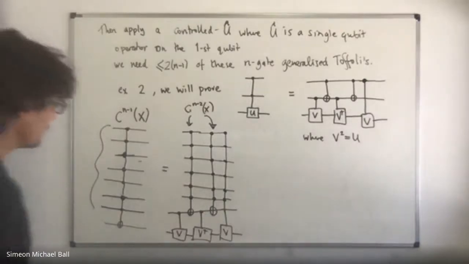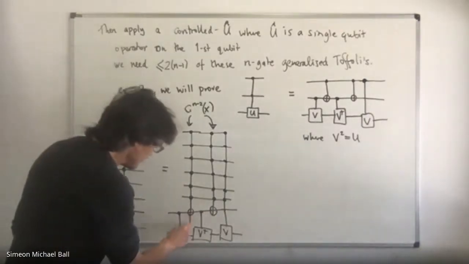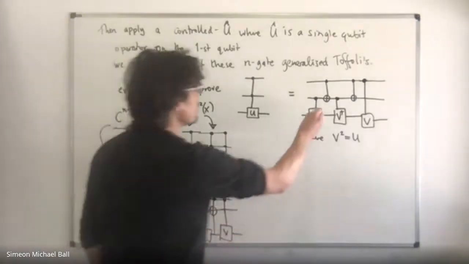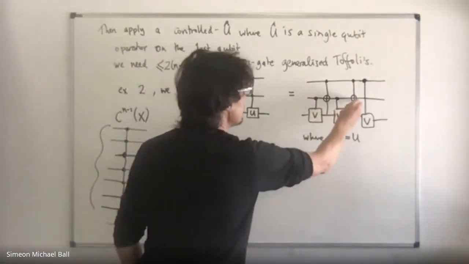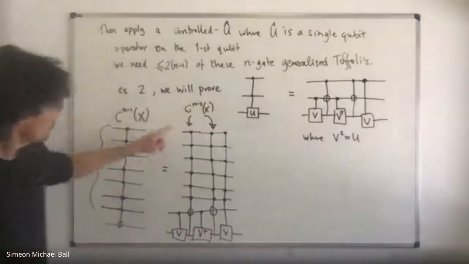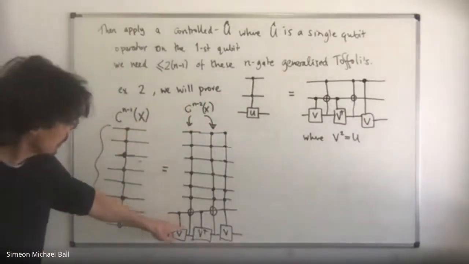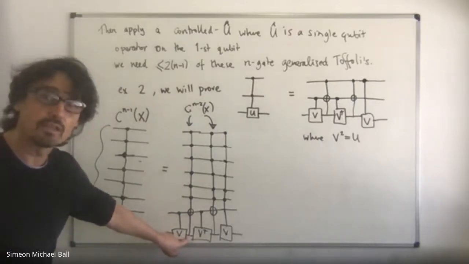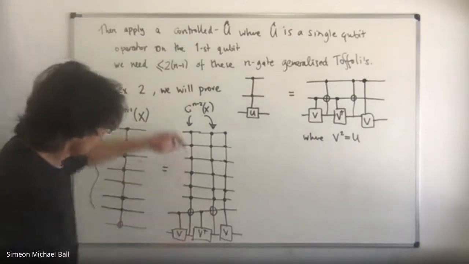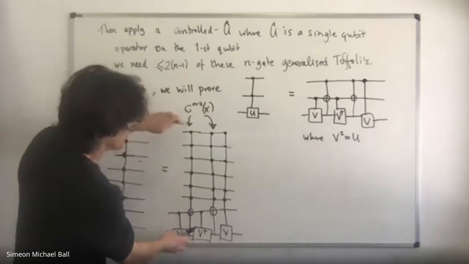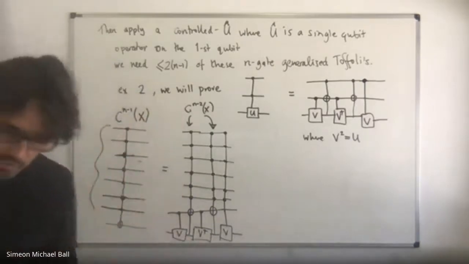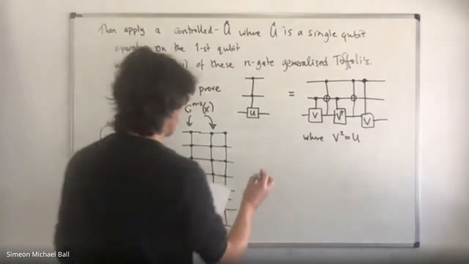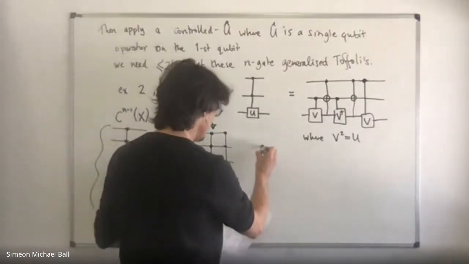What happens now is you can just draw these down here. It doesn't make any difference. It just indicates the fact that although you've got C^(n-2), you've got an extra bit down here that you're not using. So you can make use of this extra bit and implement this C^(n-2) in the following way.